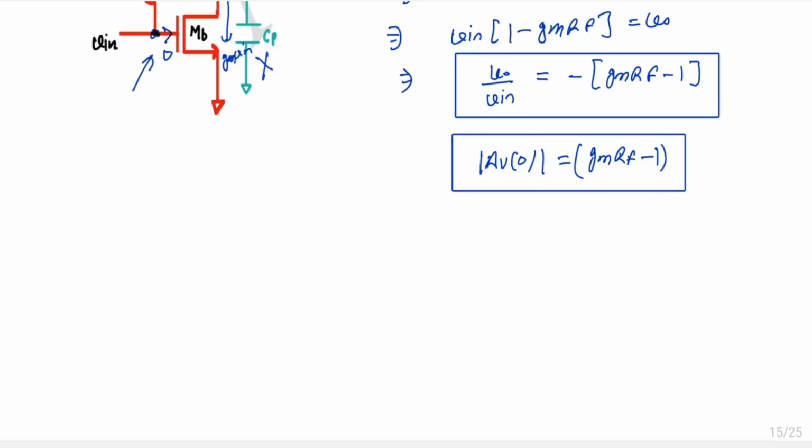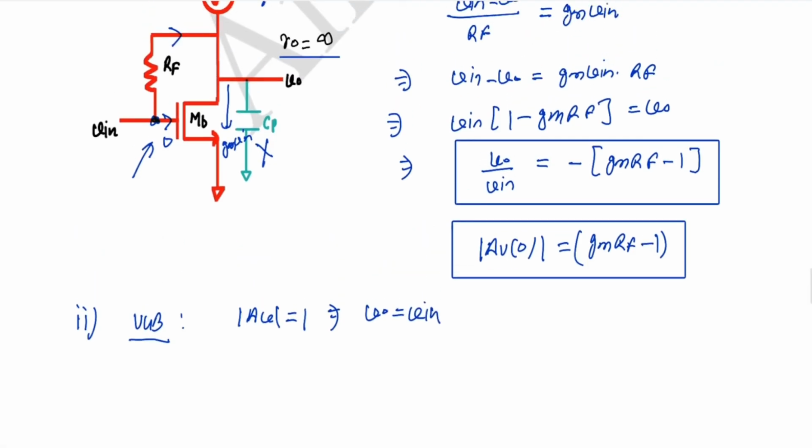Now since we know that it's a one pole circuit, either we can calculate the first pole and then UGB, or we can use UGB first and then the pole secondly. I will calculate UGB first. To calculate UGB, our gain will be equal to 1. That means V naught equal to V in.